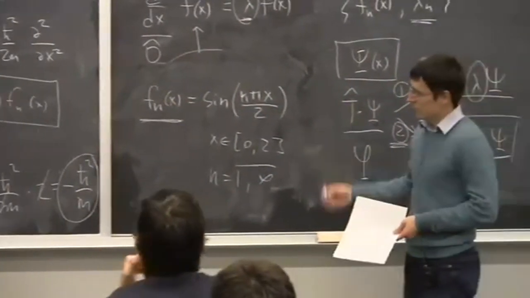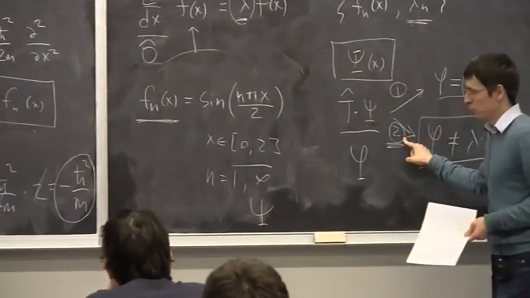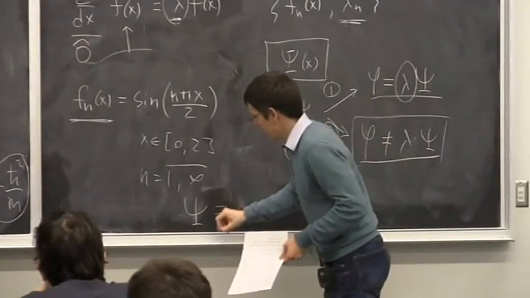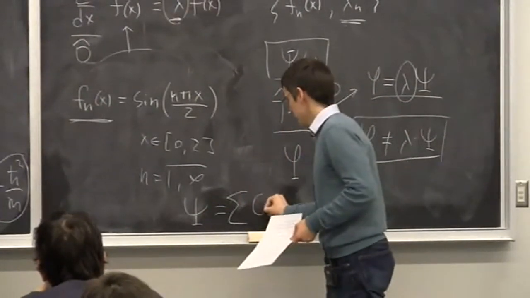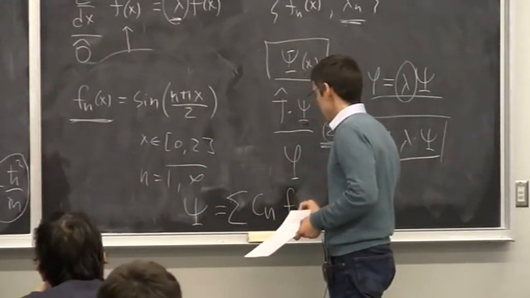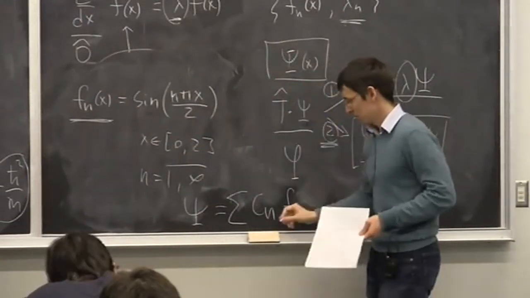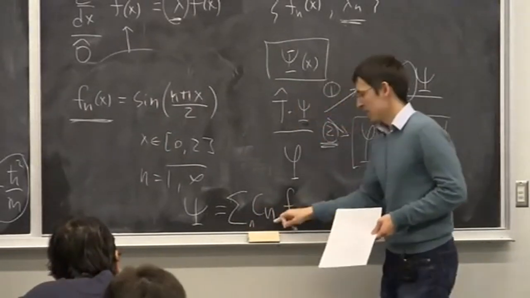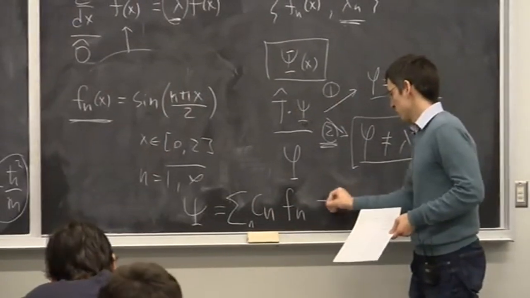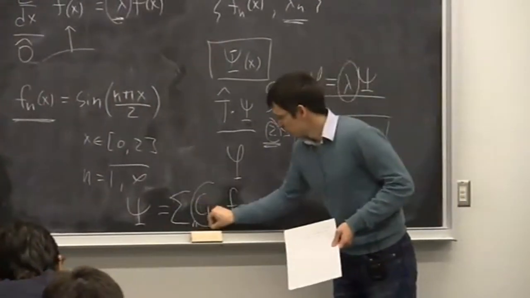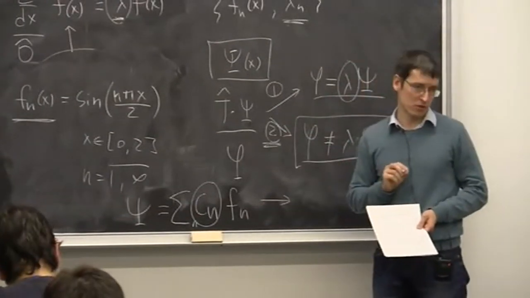What is their value? Their value is that what we're going to do in case number 2 is expand the function we're given as a linear combination of eigenfunctions for the operator that we're interested in. Okay? And that expansion is very important because it will give us the coefficients in front of the eigenfunctions.